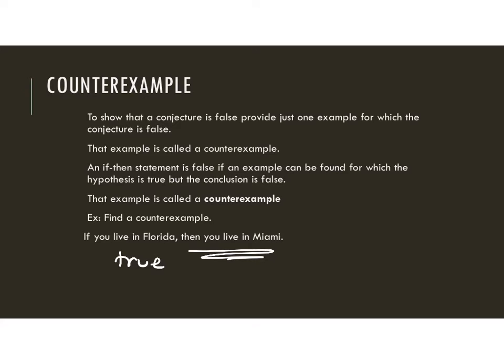Cooper City. Orlando. Yes, good. So a counterexample for this if-then statement would be that you live in any of those cities, any city other than Miami, any city in Florida.